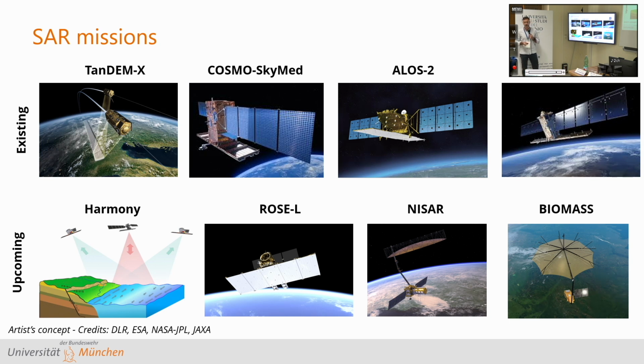Then a very well-known NISAR, which had to be launched already but will probably be launched next, and which already looks different, with this umbrella, and this is not the only design of this kind. For example, there is also Biomass, with this paraboloid antenna, and this already suggests that they will probably use similar acquisition modalities.